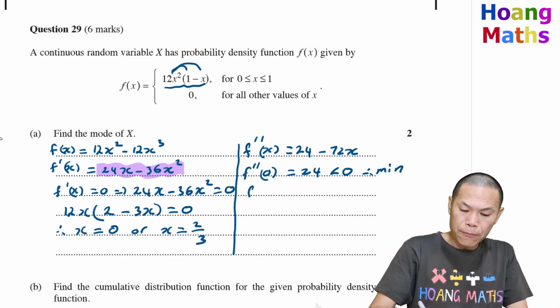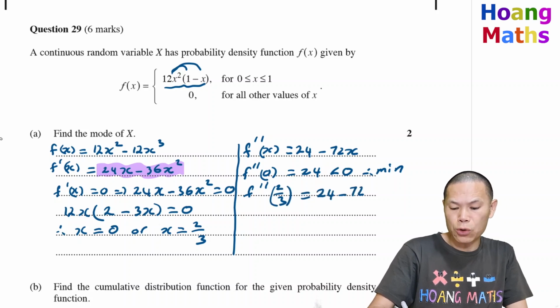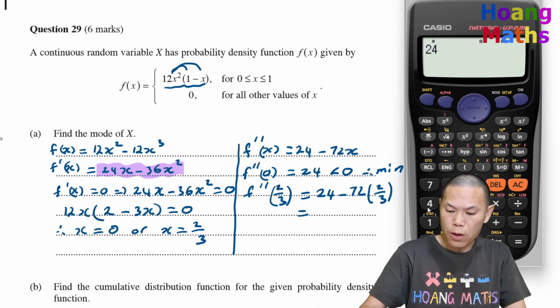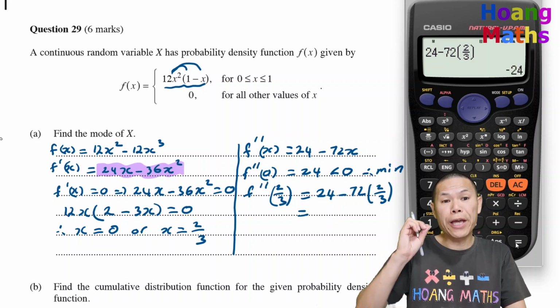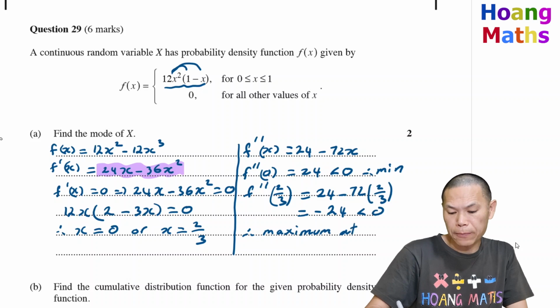And then f''(2/3) will give me 24 minus 72 times 2/3. There you go, negative 24. So that means less than 0. So therefore maximum at x is 2/3.